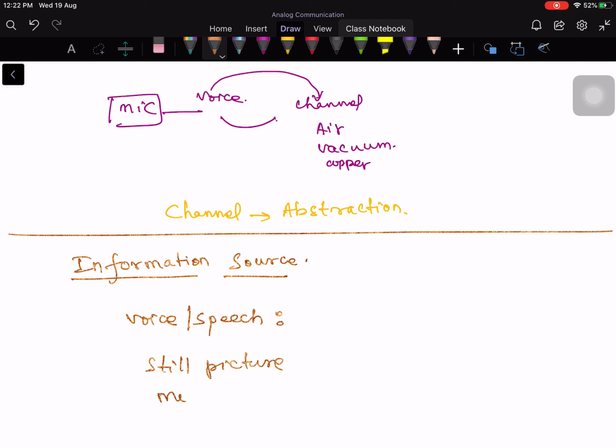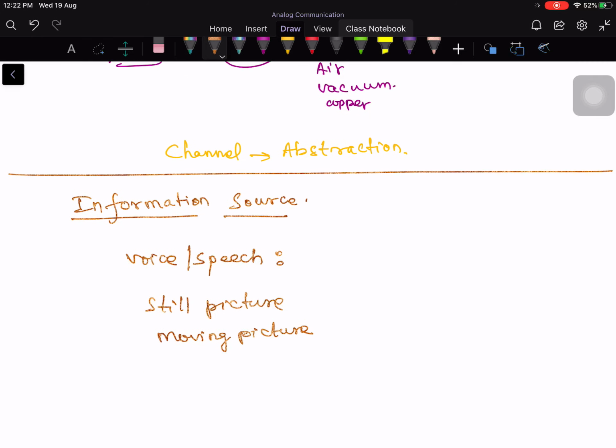It could be a moving picture, let me say a TV signal. A still picture I can transmit through a facsimile machine, a fax machine.